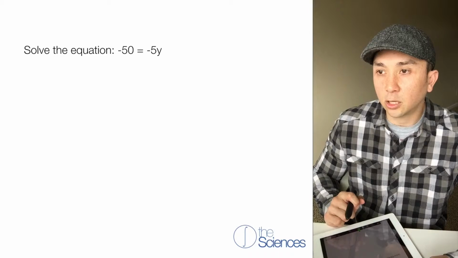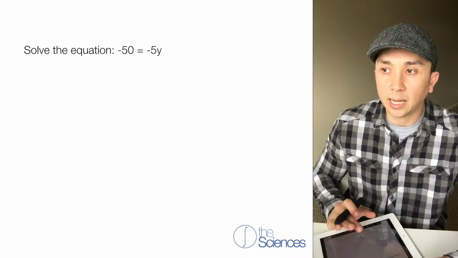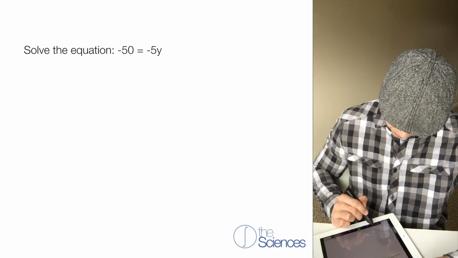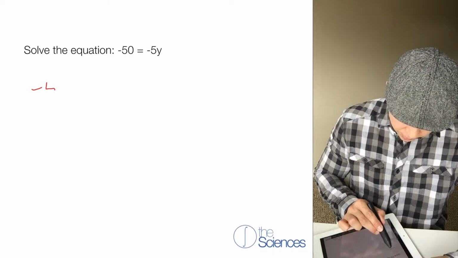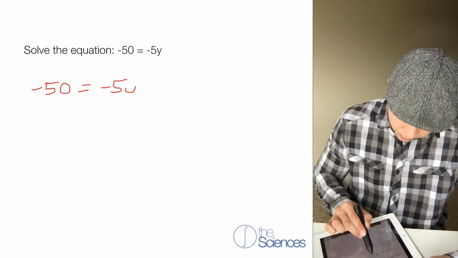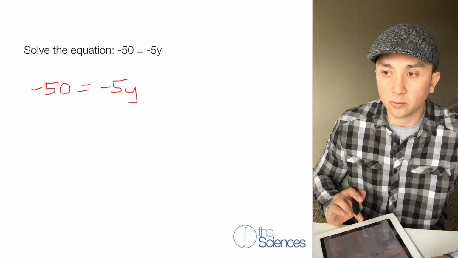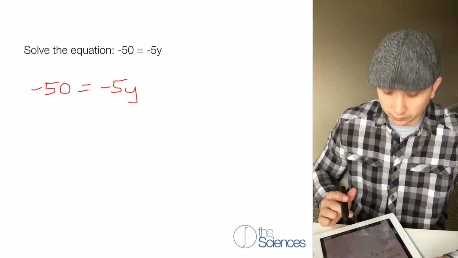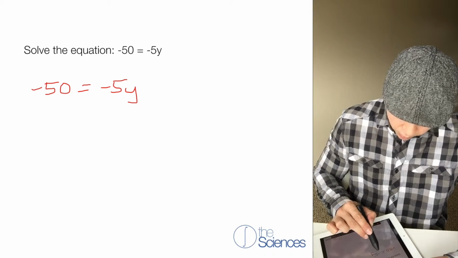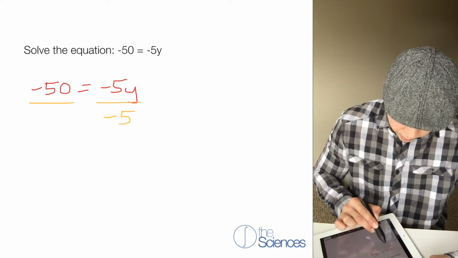So now let's solve the equation negative 50 equals negative 5y. Now we can divide both sides of the equation by negative 5. So here we can divide by negative 5 and divide by negative 5.